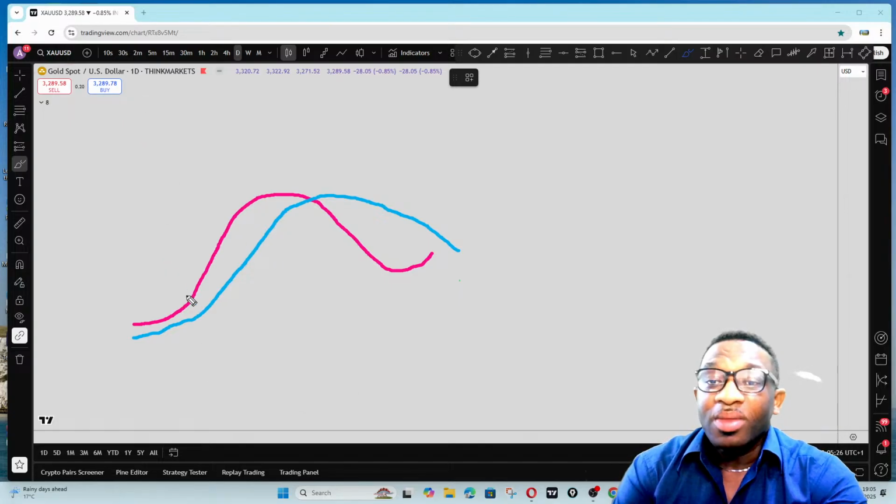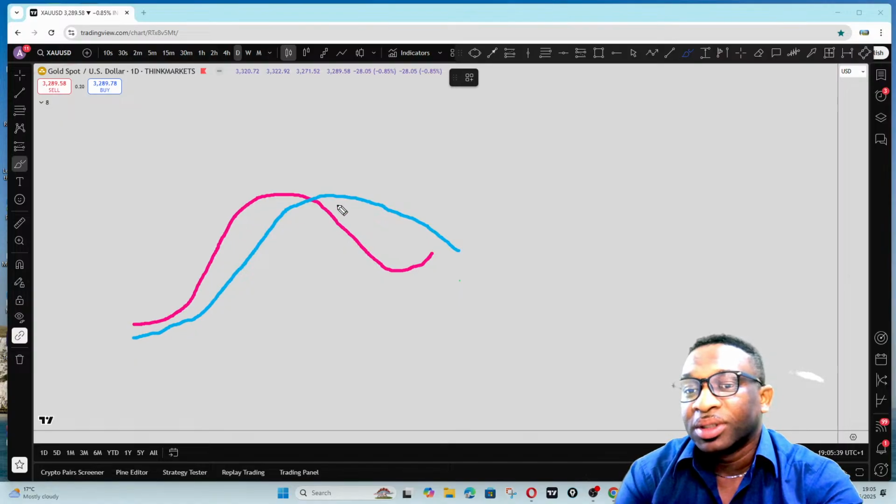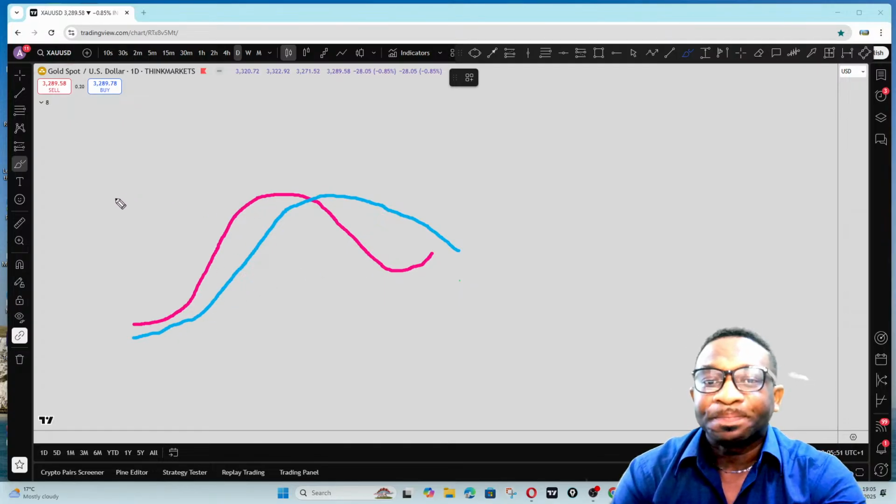So the strategy I use is, once price is above this 20 moving average, my target or my bias is on the upside. If price is below this 20 moving average, the direction I look to trade is downside. Once it's below, I look to sell. Once it's above, I look to buy.